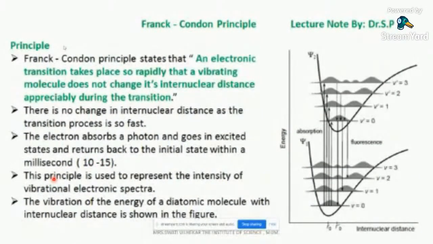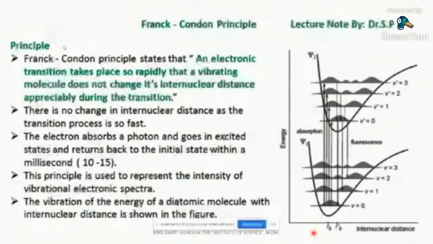This principle is used to represent the intensity of vibrational electronic spectra. This shows the vibrational energy of a diatomic molecule with the internuclear distance. Let's have a look at the video.